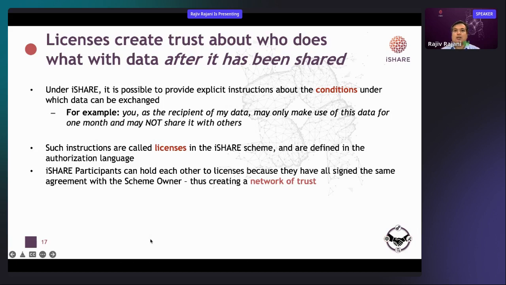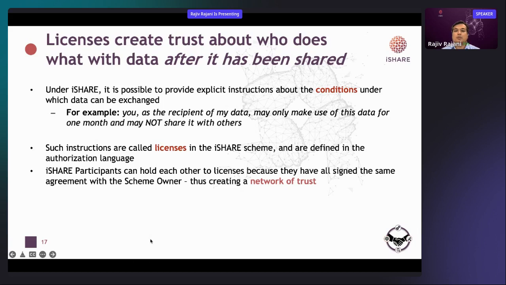So I, as a data owner, want to specify that you, as a recipient of my data set XYZ, may only make use of this data, say, for 1 month, and may not share it with others. That is my usage condition for you. Only when you accept that condition, you should accept the data and process it.